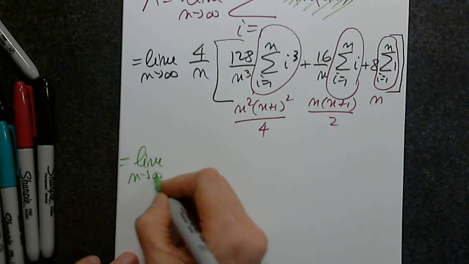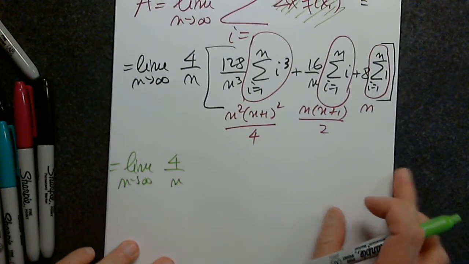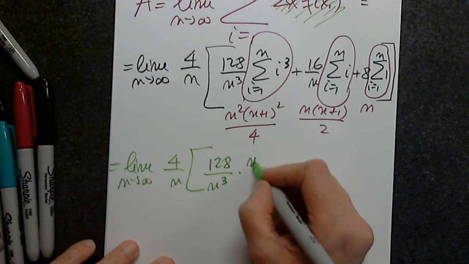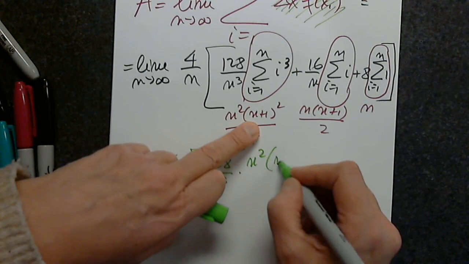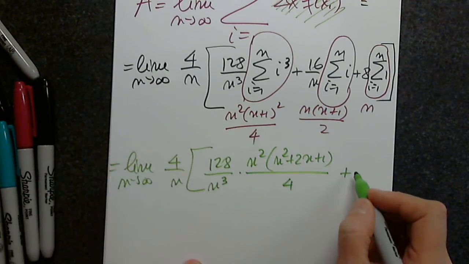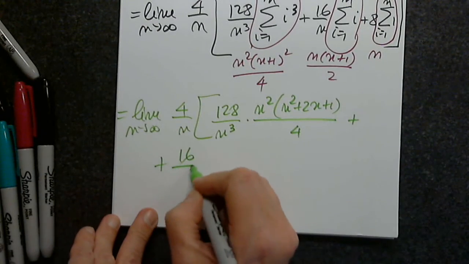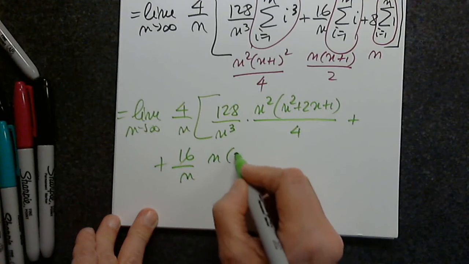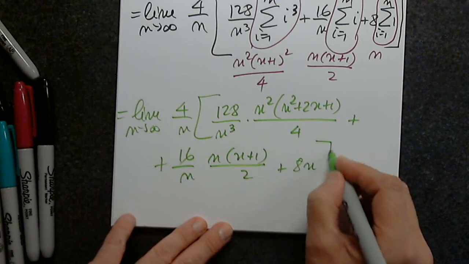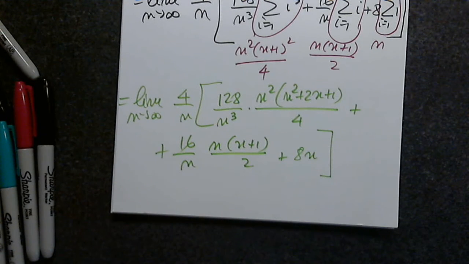Limit as n approaches infinity of 4 over n times 128 over n cubed times n squared times n squared plus 2n plus 1 over 4, plus 16 over n times n plus 1 over 2, plus 8n. So in the next step, I had no choice.